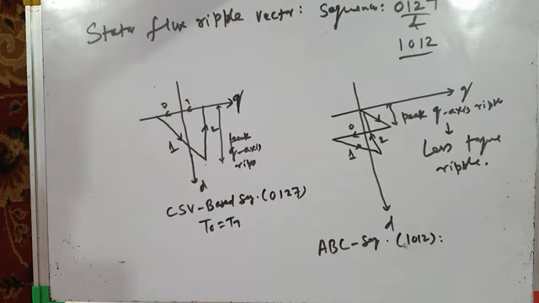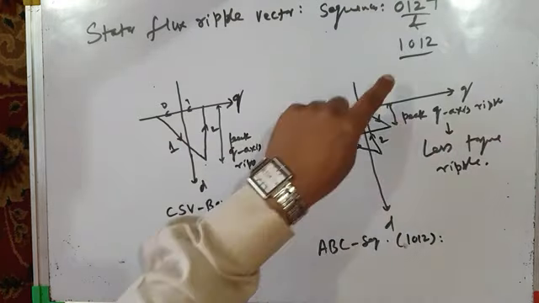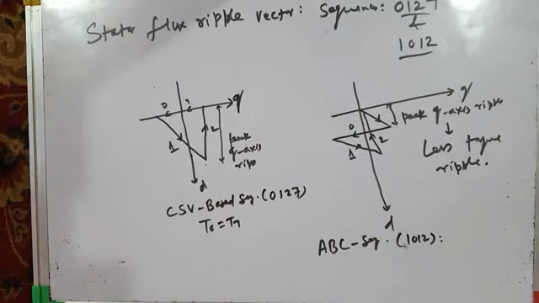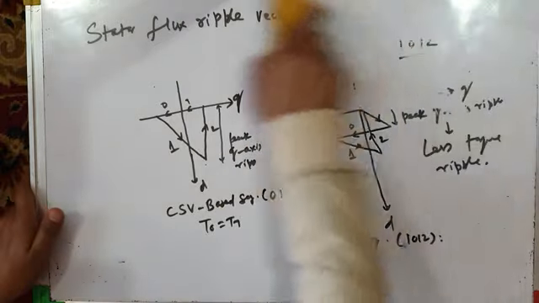We have then compared conventional space vector-based switching sequence 0127 with advanced bus clamping switching sequence 0121, and now with another advanced bus clamping switching sequence 1012. Now we have found that some switching sequences give less stator flux ripple and hence less torque ripple, less harmonic torques, than other switching sequences. So based on this, we can now go for hybrid PWM techniques.